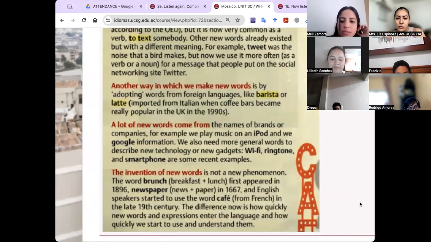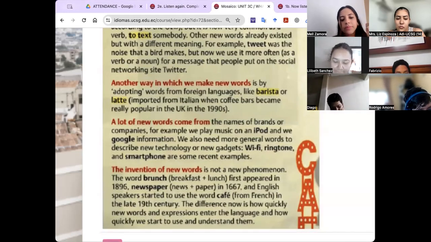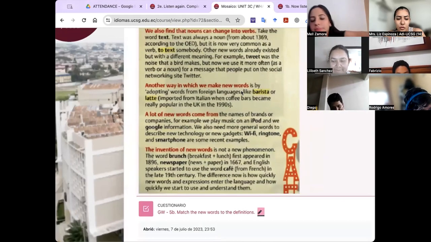Newspapers, news plus paper, in 1667, and English speakers started to use the word café from French in the late 19th century. The difference now is how quickly new words and expressions enter the language and how quickly we start to use and understand them. Okay, thank you so much.